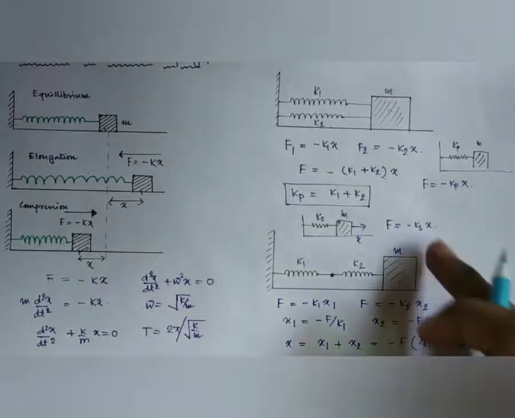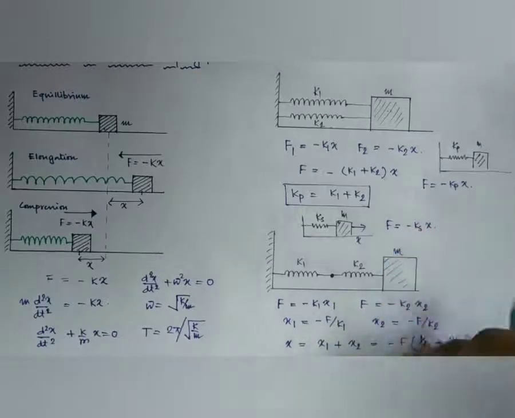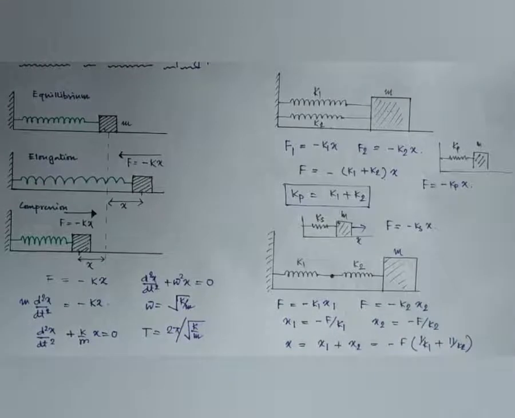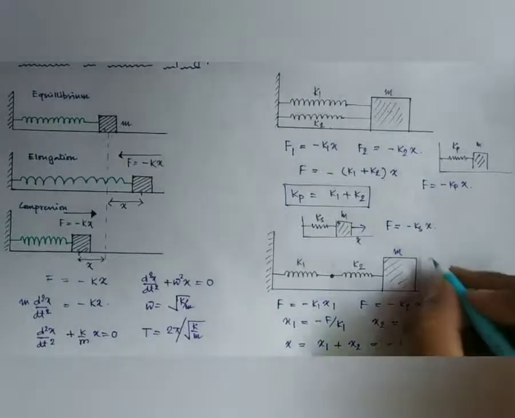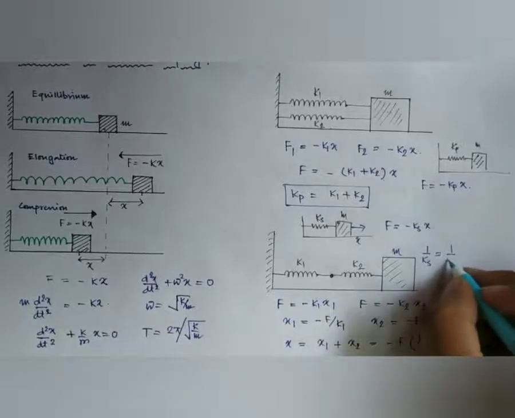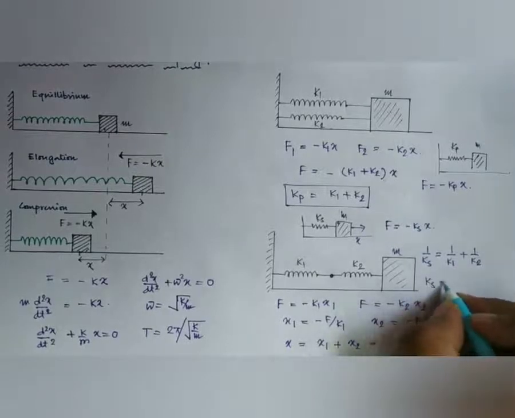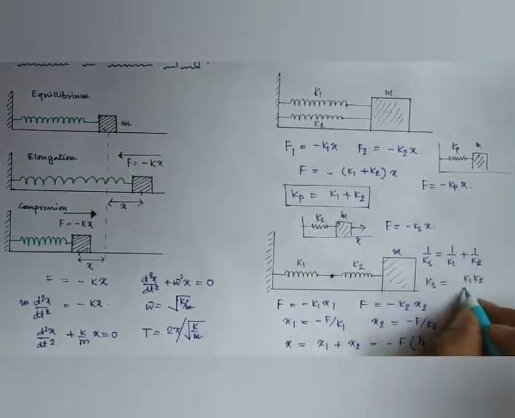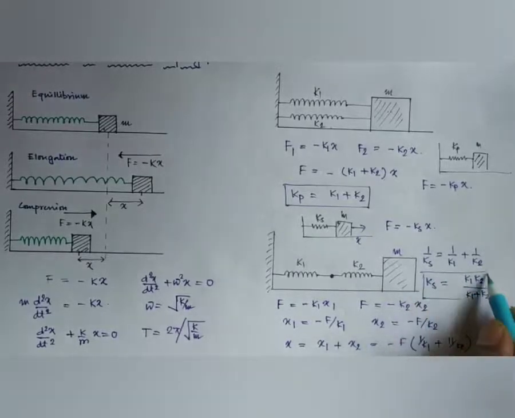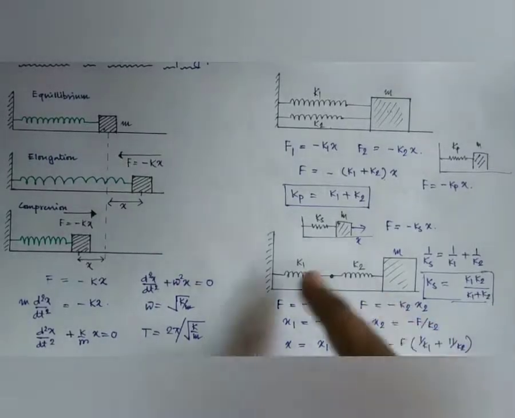By comparing these two, from the first and the second equation, we can write 1 by Ks equal to 1 by k1 plus 1 by k2. That is, Ks will be k1 k2 by (k1 plus k2). So this is the equivalent spring constant when the springs are in series connection.